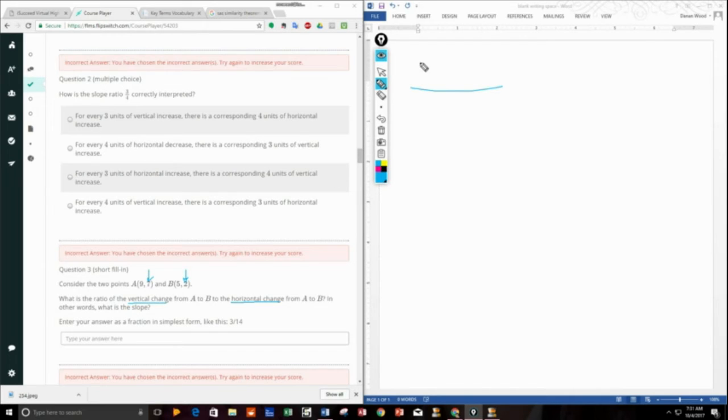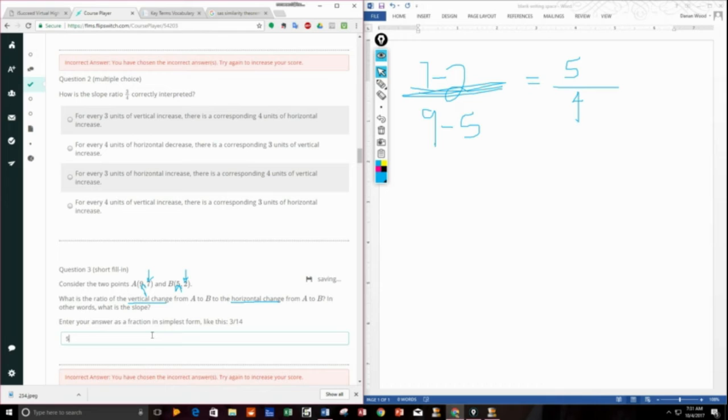So the distance is you take your two coordinates and you subtract them. So 7 minus 2. And then compared to, so divided by, the horizontal change. Horizontal is our x's, so I want my horizontal distance. So 9 minus 5, and that's going to equal 7 minus 2 is 5. That's our vertical distance compared to our horizontal distance, 9 minus 5, which is 4. So that's what I'm going to type in, 5 divided by 4.